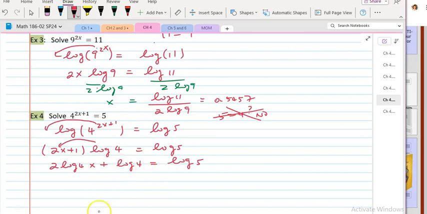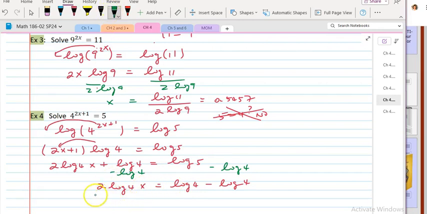So this log 4 is just a number, so I'm going to subtract log 4 on both sides. So 2 log 4 times x is equal to log 5 minus log 4. We can group them as 5 over 4, but I can just keep on doing this. And then I'm going to divide this whole thing by 2 log 4.